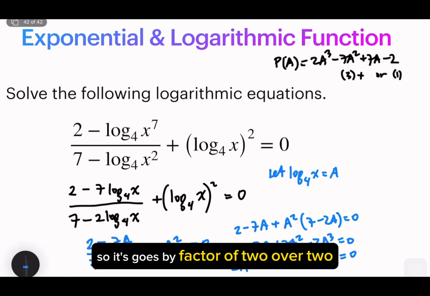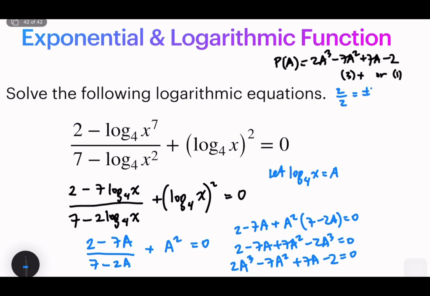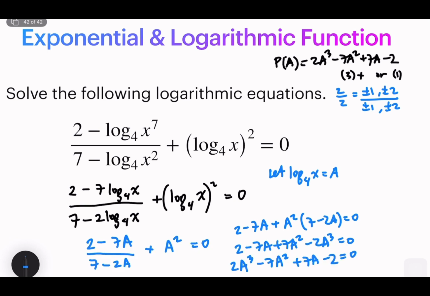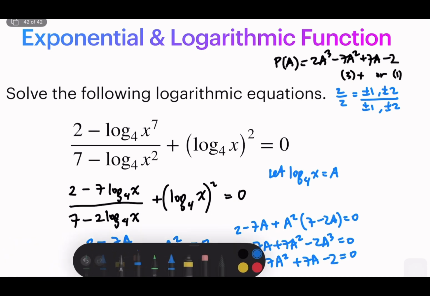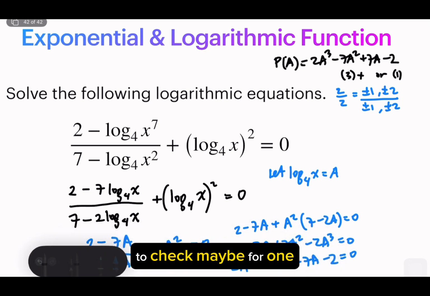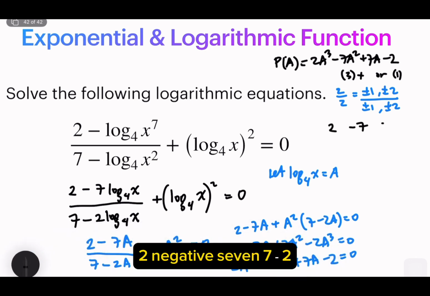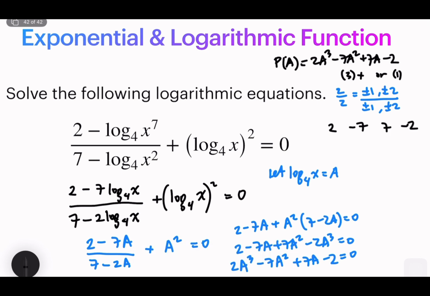It goes by factors of 2 over 2, so we can have 1/2 and 2. So we can try to check, maybe for 1, using 2, negative 7, 7, negative 2. Check 1.